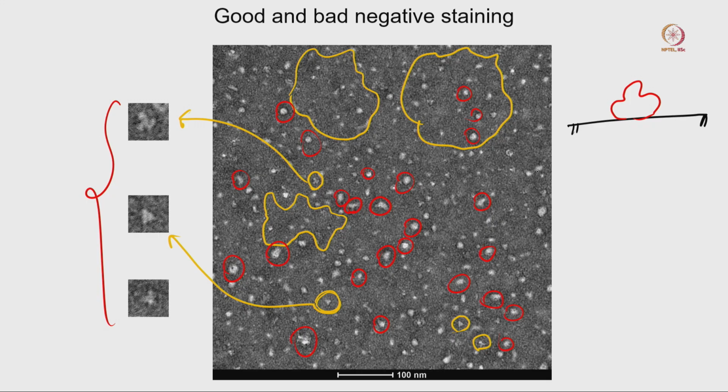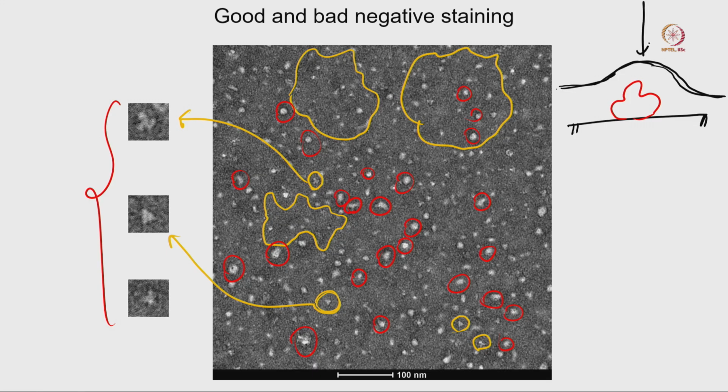Generally we should use 1% to 2% uranyl acetate or uranyl formate. So either the concentration is very high, or we incubated our sample with the staining solution for a longer time, or when we blotted the sample, the blotting was not done properly, and that is the reason whatever staining solution was there is all deposited here like that. So this is my staining solution deposited here.